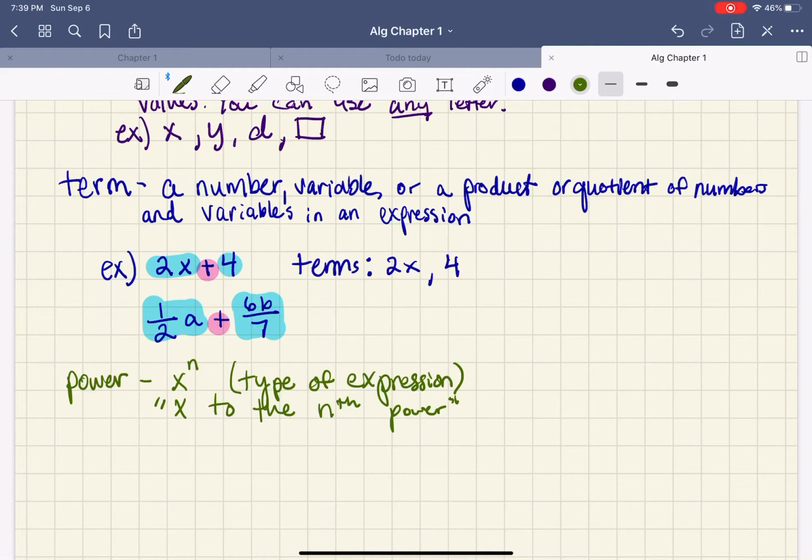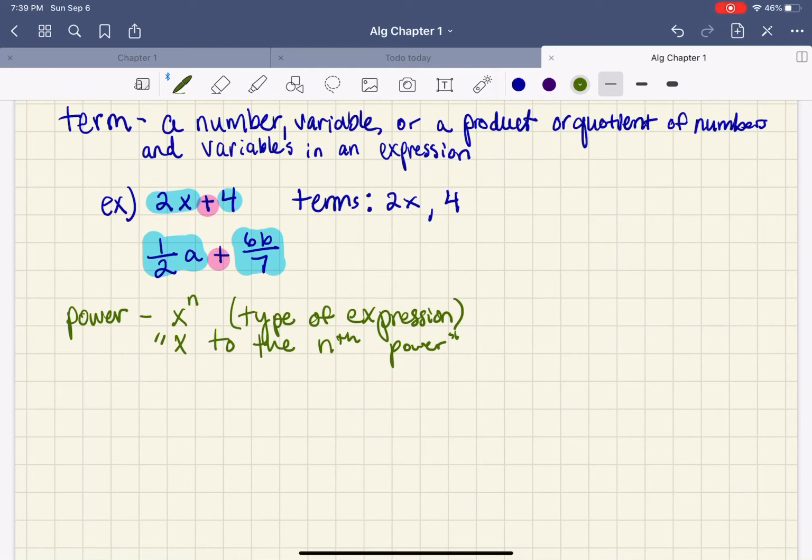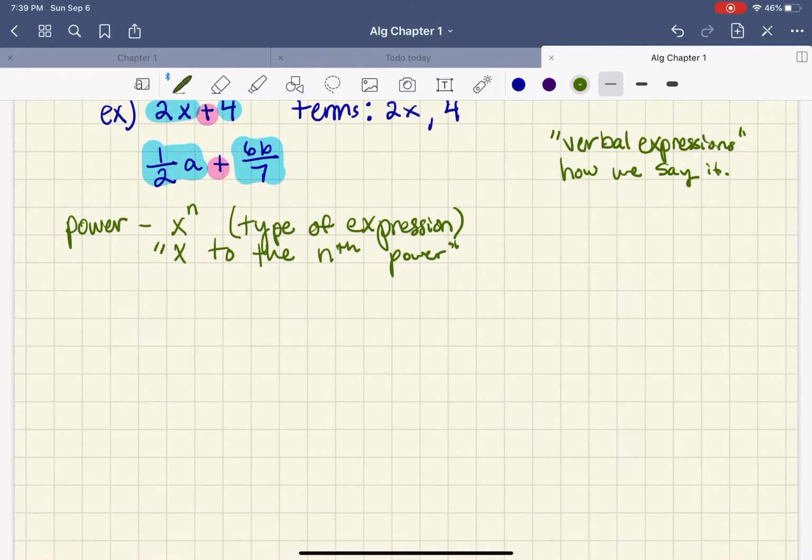So they mean the exact same thing, but one of them I wrote in English and one of them I wrote in math, okay? Let's look at a couple different examples of these algebraic expressions and translating them into English, or what we're going to call verbal expressions. How we say it.